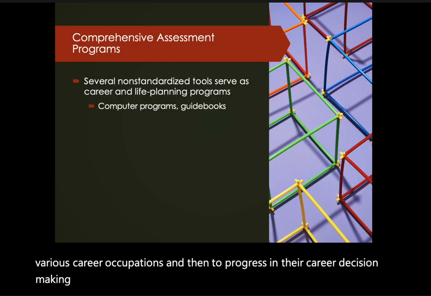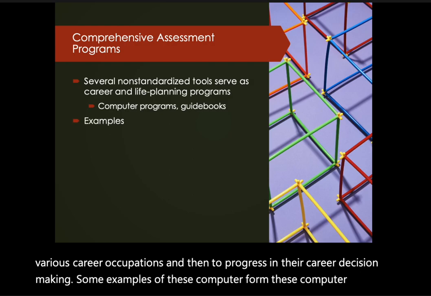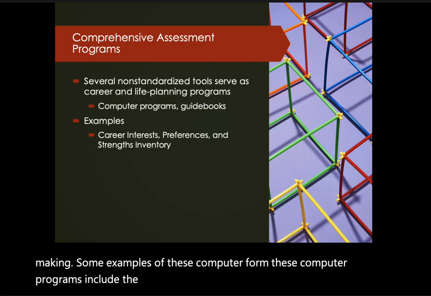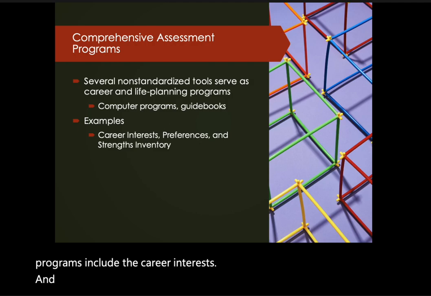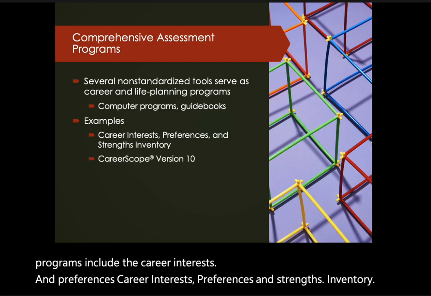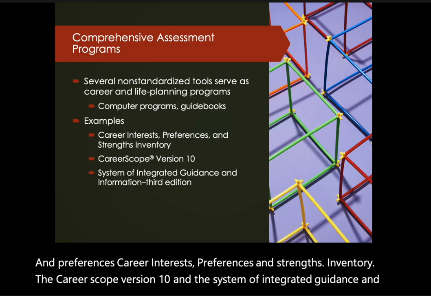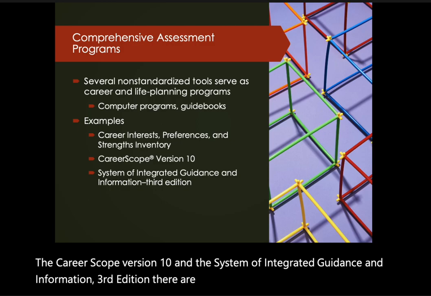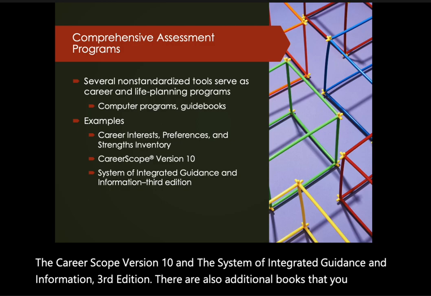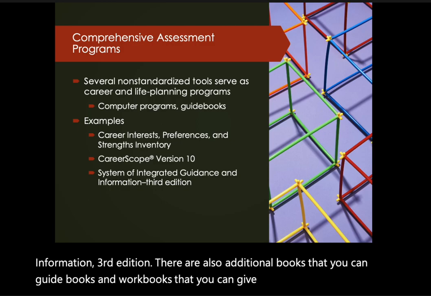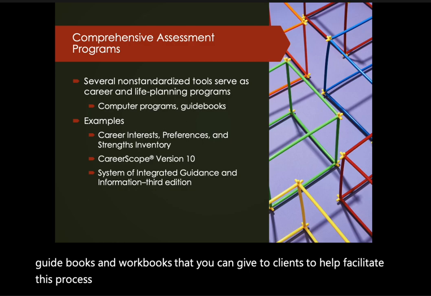Some examples of these computer programs include the Career Interests, Preferences, and Strengths Inventory, the CareerScope version 10, and the System of Integrated Guidance and Information 3rd edition. There are also additional guidebooks and workbooks that you can give to clients to help facilitate this process in a non-standardized way.